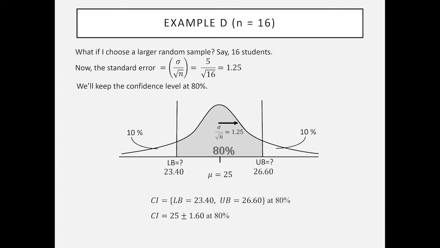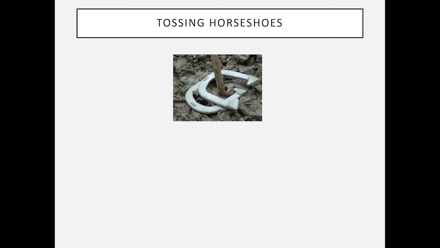And see as well that the margin of error here is 1.6. It's gotten smaller compared to example C a moment ago. And why? Because we've got a larger sample. The standard error is smaller. Once again, whether we talk about upper bound or lower bound or whether we talk about the margin of error, so the confidence interval, it's the same concept.